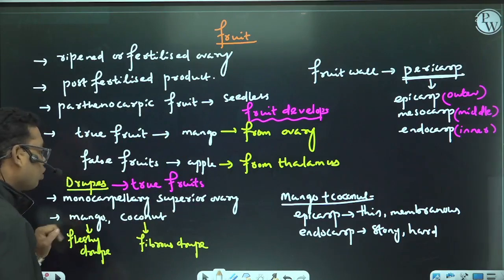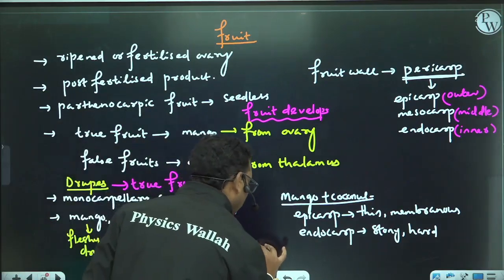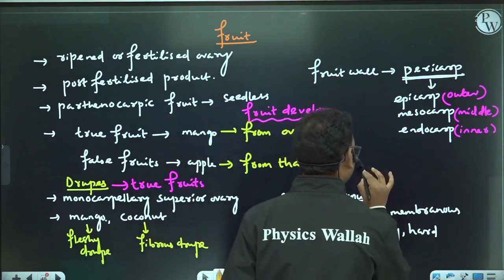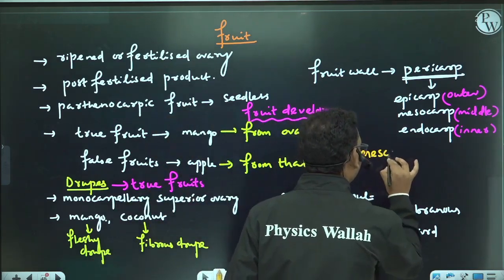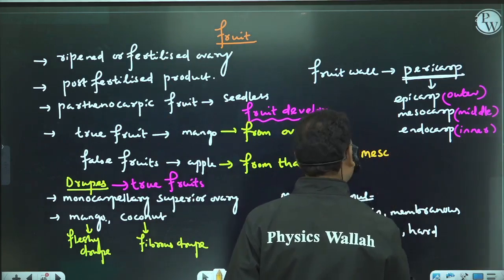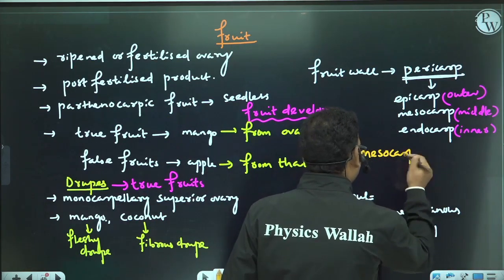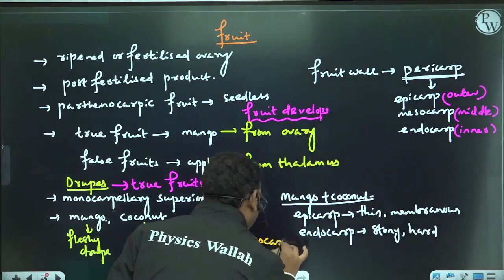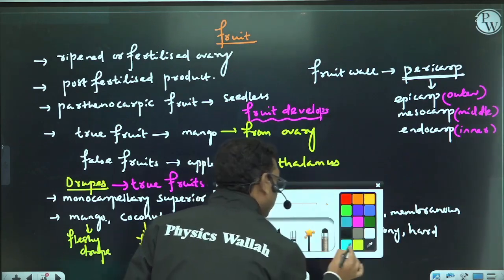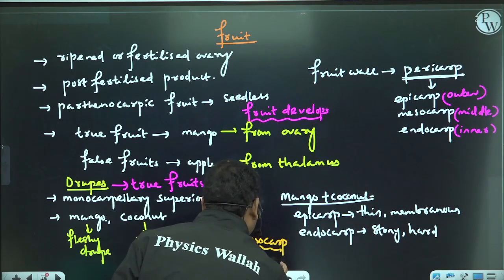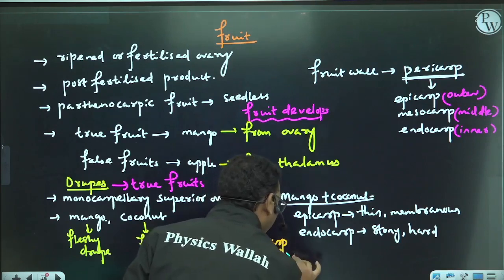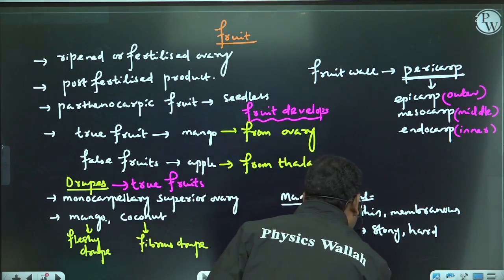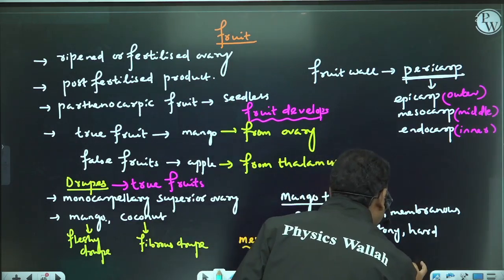What about the mesocarp? In case of mango, the mesocarp is fleshy in nature, and in case of coconut, the mesocarp is fibrous.